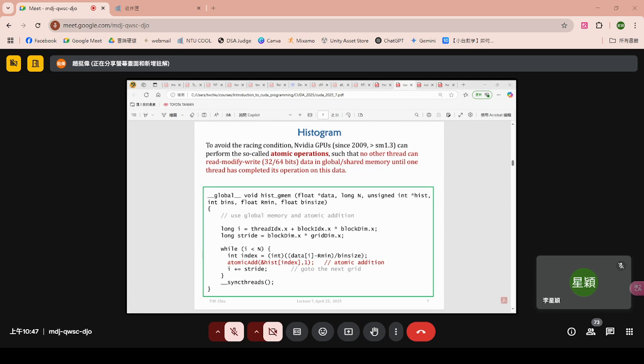First I have the host vector, this is the data, and the unsigned integer histogram in the host. And a device data, and the device histogram, and also there's a CPU solution we can compare.